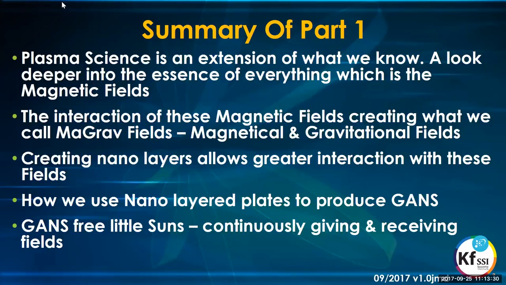From those, we can start creating and producing our different GaNS materials. If you view the GaNS as tiny little suns that are constantly giving and receiving fields, you'll see how the application of these materials in, say, health and agriculture all starts fitting together under the different portions of science.